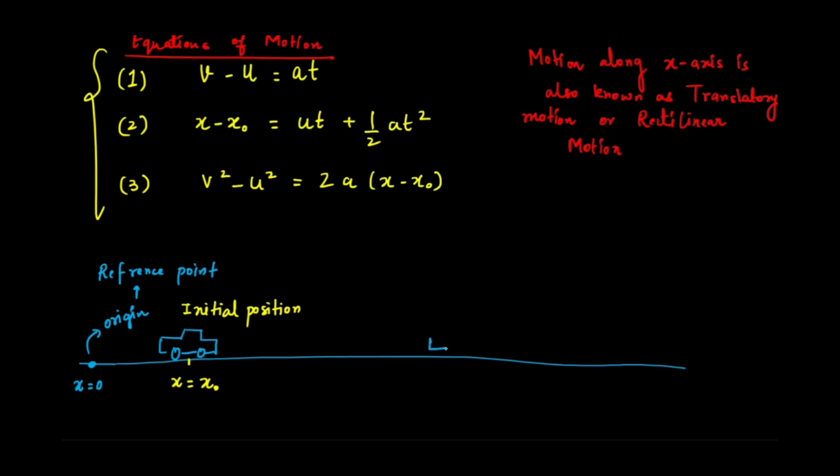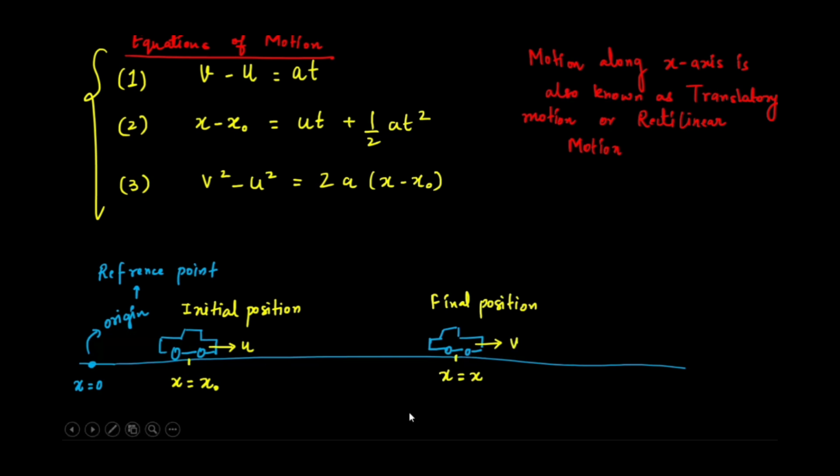After some time, I observed that its position changes, and its position changed to x is equal to some x. So this is the final position. Initially, the car was moving with some initial speed u, and finally its velocity changes to v.